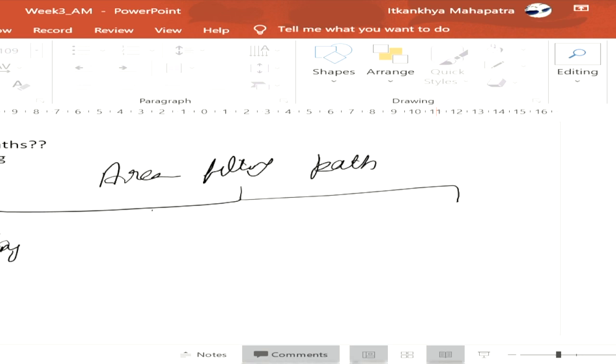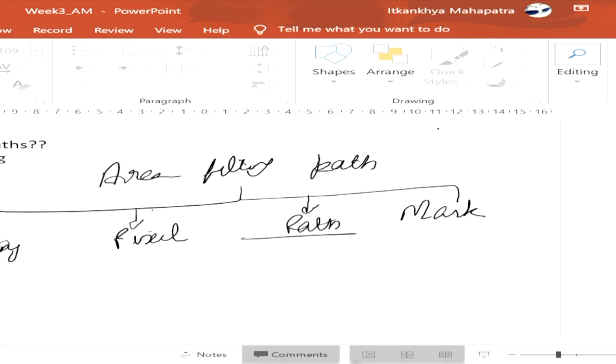So area filling paths are grid cutting, pixel, path, and mask. Grid cutting, which we just saw, is for removing the unwanted part. Pixels: material cutting or addition is governed by the resolution of pixels. Path includes the different types of path to be followed, like raster, zigzag, contour, spiral, hybrid, continuous, and space filling.